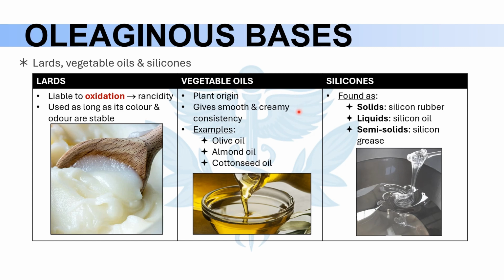They give smooth and creamy consistency, and examples are olive oil, almond oil, and cottonseed oil. And silicons can be found either as solids, liquids, or semi-solids. As solids, they are found as silicon rubber, liquids, silicon oil, and semi-solids, silicon grease. And this diagram is actually what silicon oil looks like.